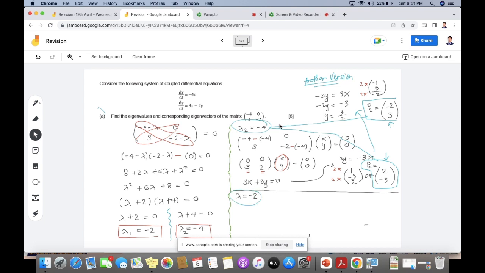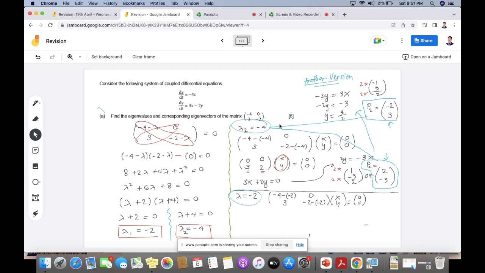So we now have negative 4 minus negative 2. Then you have here 3. Then we have here 0, negative 2, minus negative 2 here, xy. Okay.